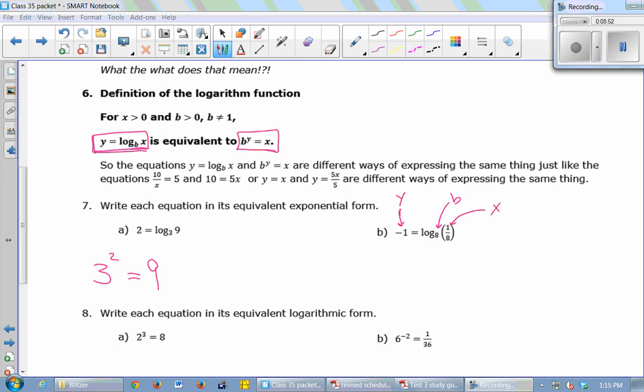And my definition of a log says that if you have y equals log base b of x, that's equivalent to b to the y equals x. So I'm going to have 8 to the negative 1 equals 1/8. Is that true? Yeah, good. So these are, again, two equations that are equivalent. They express the same information in a different way.